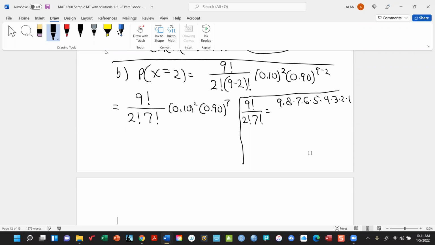There's a lot of canceling going on here. So in other words, all of this and all of this drops out. So you're left with 9 times 8 over 2, 72 halves, which is 36.